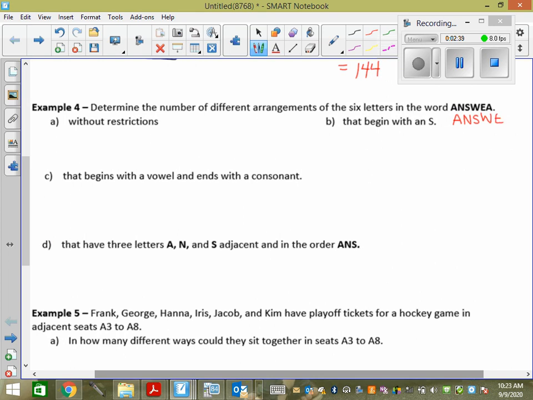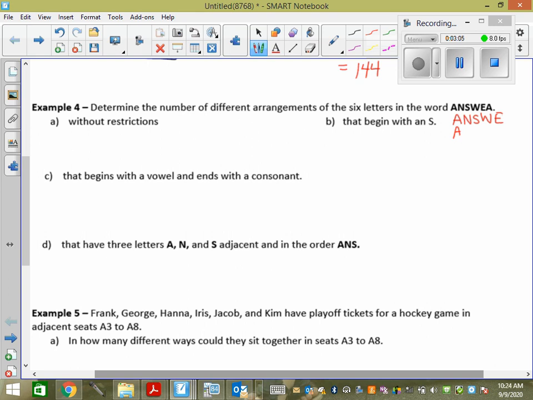W, E, oh, I have an extra A, so I'm going to stack it. I stack it for 2 reasons. One, so I don't miss one of the doubles or triples and then not use the factorial on the bottom. Also, it reminds me, oh, I need to do a 2 factorial in the denominator, to get rid of all those cases where they would look the same.